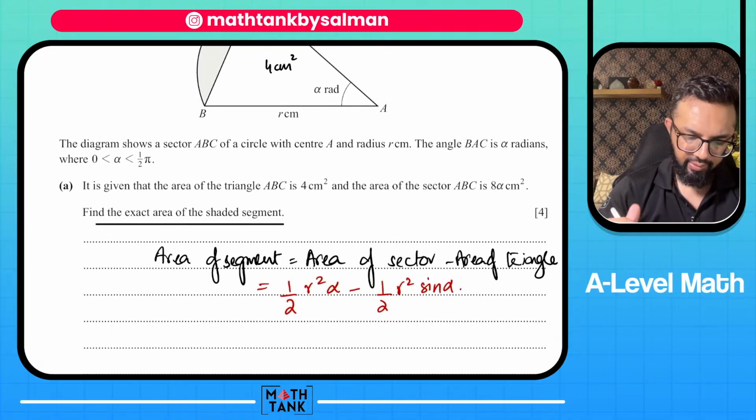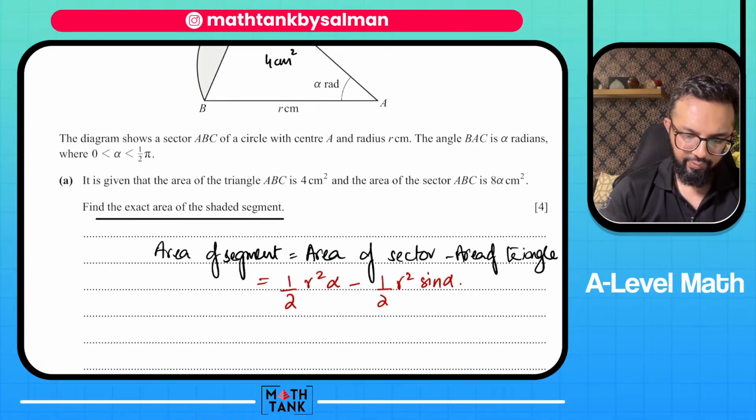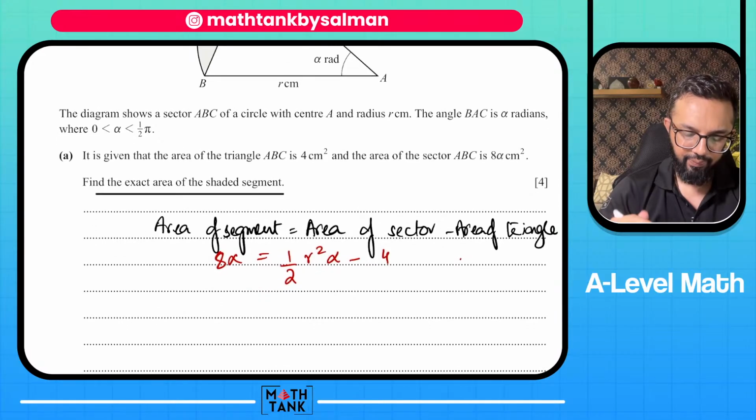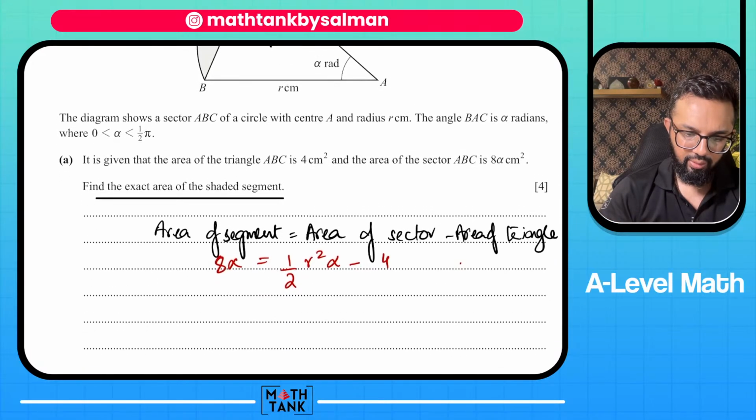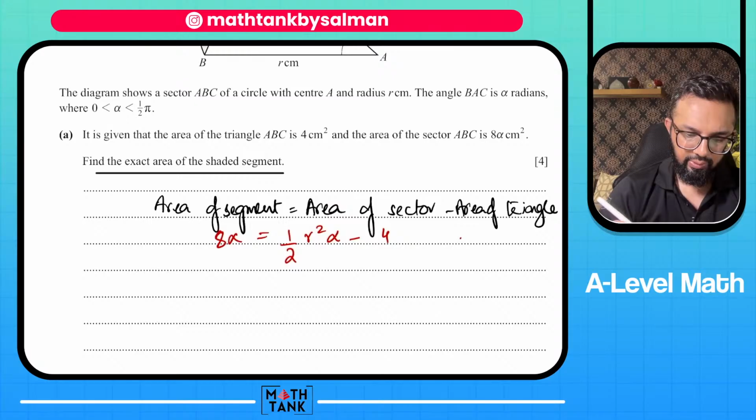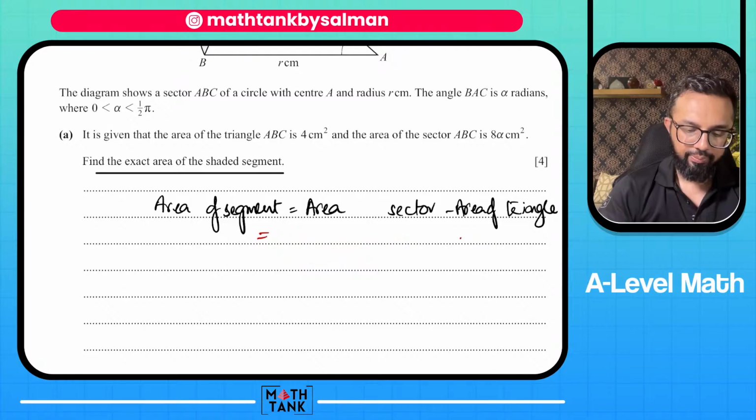In fact, I have the area of triangle ABC. So we'll just put that as 4. And the area of the sector is 8 alpha. Okay, my bad. Wait. There's something else there. Okay, so area of segment is 8 alpha minus 4.